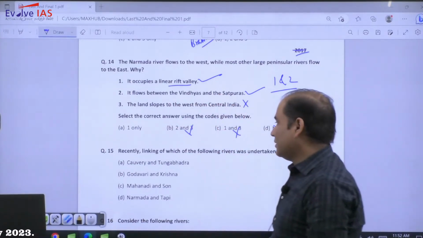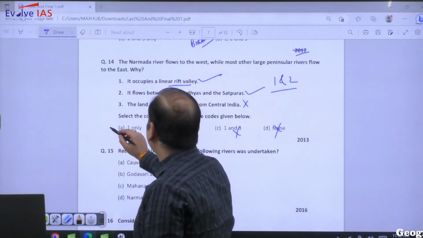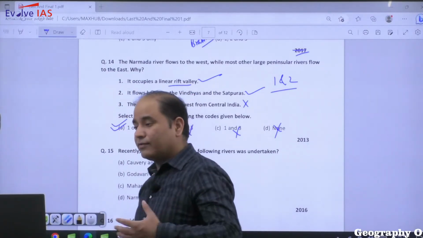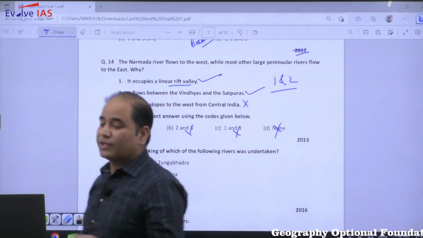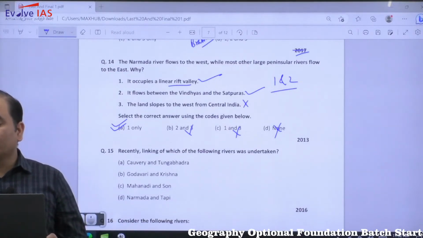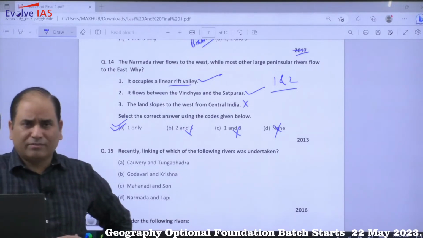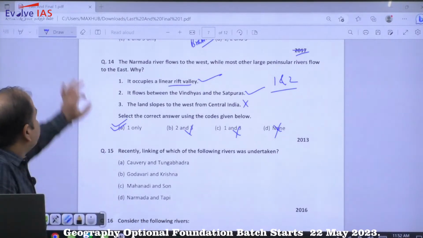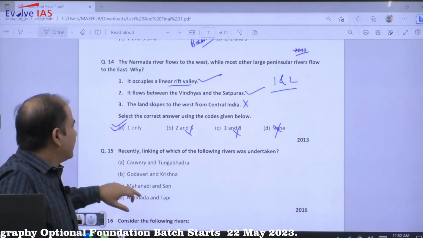But because the option is not there, you need to go with A. This type of situation arises sometimes. In such a situation, you need to take the closest option. Generally this does not happen every time, but sometimes it can happen.